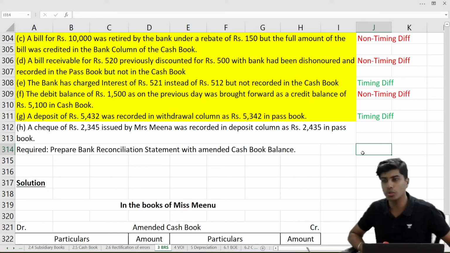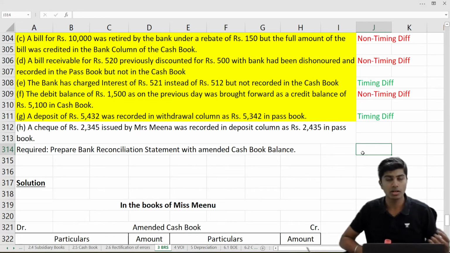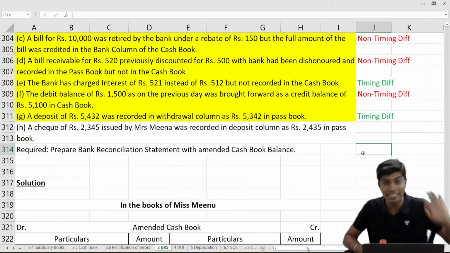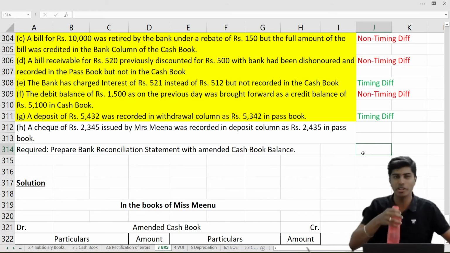We'll also do one more exclusive inventory valuation question which deals with consignment goods sent, consignment goods received, goods sent on return or approval, goods sold at a price other than normal selling price, goods sold and then returned to us, goods purchased and goods purchased returned by us, and all of these adjustments together in one question. That's again a very interesting question. So please do stay tuned and watch that video also. That should be very helpful to you.